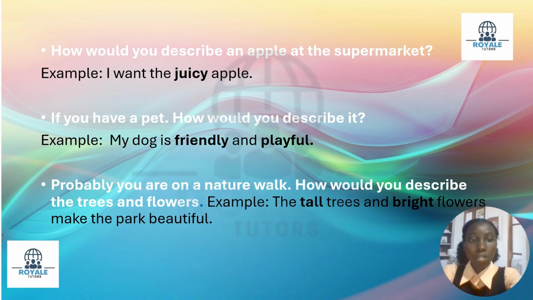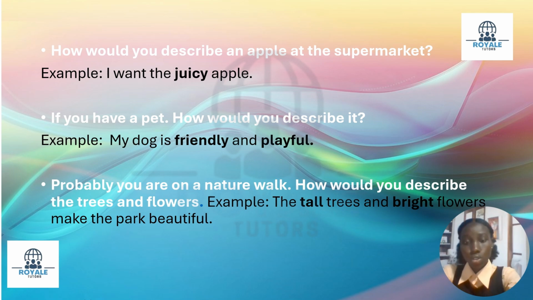Now think of a pet. If you have a pet, how would you describe the pet? Let's say you have a dog as a pet. So you can as well say that my dog is friendly and playful. The word friendly, the word playful is an adjective.